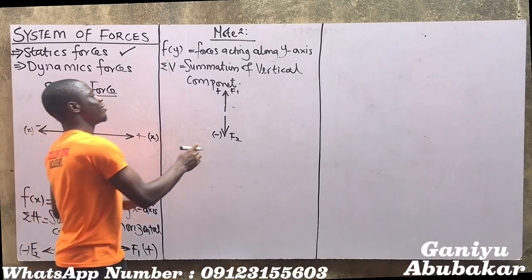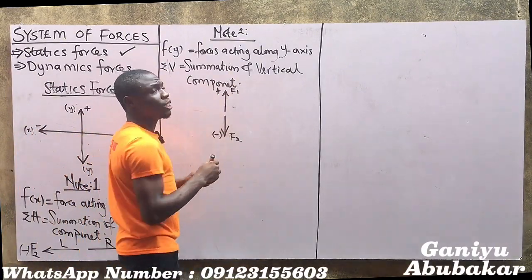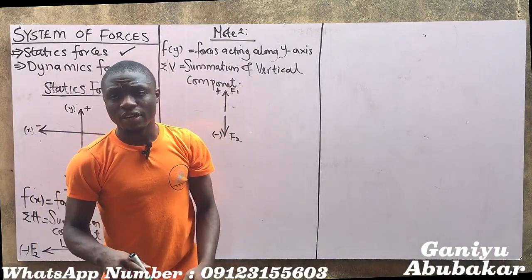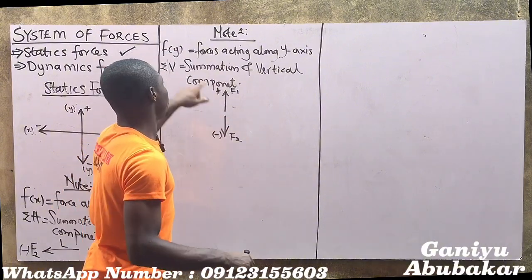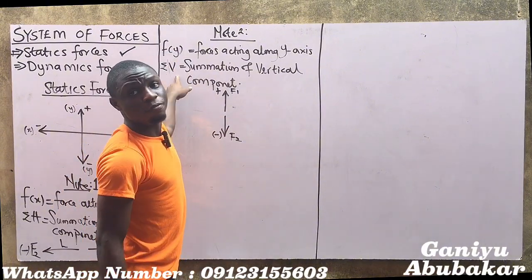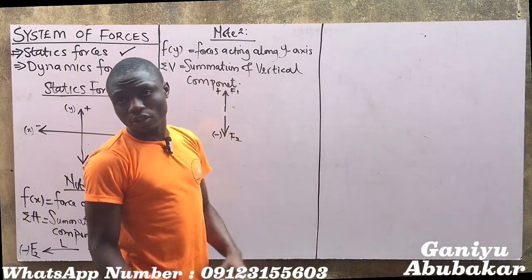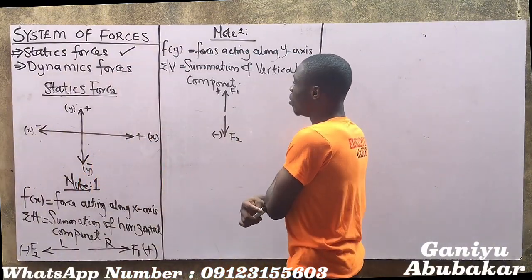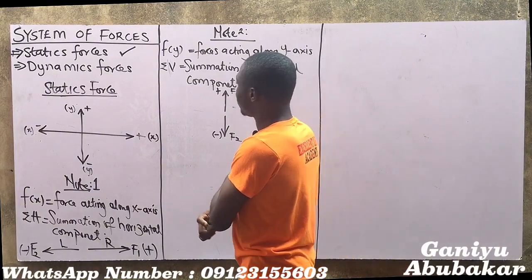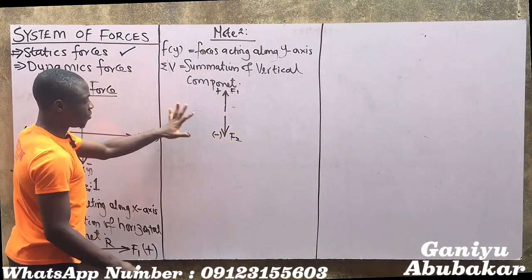So this is the vertical sense. When a body is moving vertically, it is called F of y, or summation of V, that is summation of vertical components. These are the concepts behind system of forces for static forces.